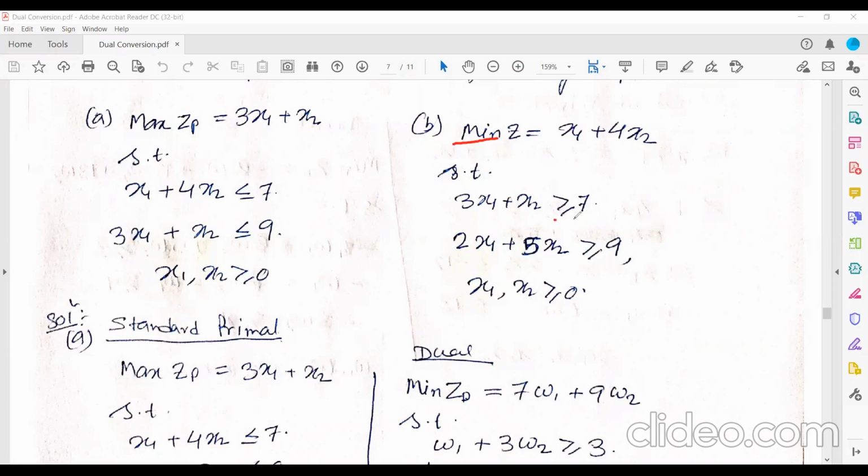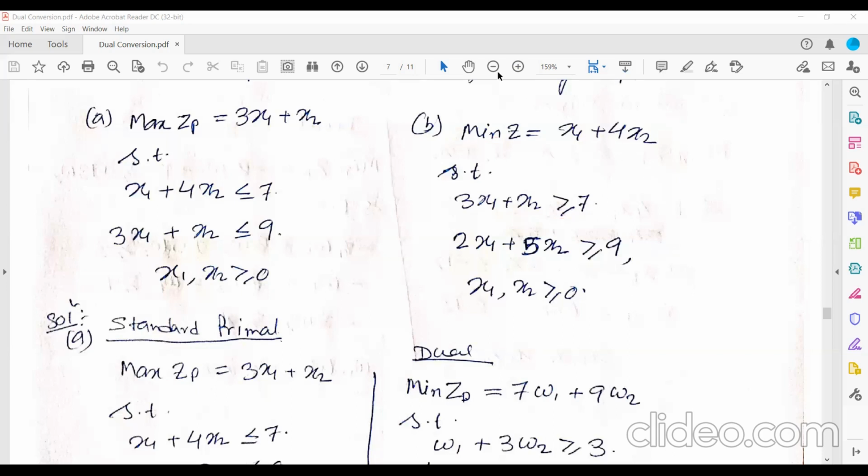Here it is greater than or equal to, here also it is greater, so both the constraints are greater than or equal to. That means this is itself a minimization problem in standard primal form. Now you need to convert it into the dual.